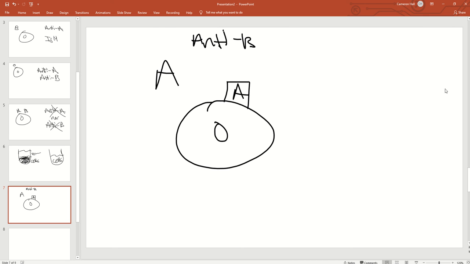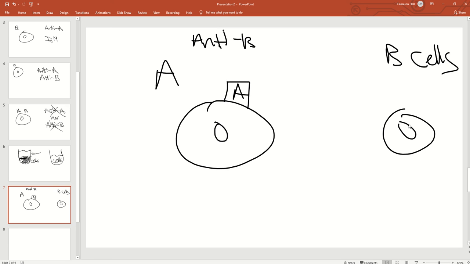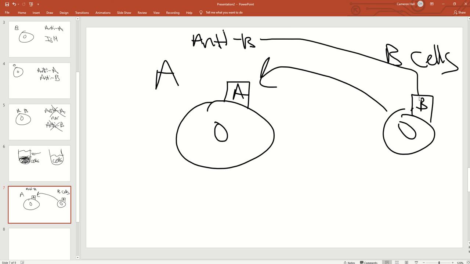So let's say I give you B cells. If I transfuse B cells into you, and they've got the B antigen, the anti-B in your serum is going to attack this antigen, and it's going to basically cause these B cells to lyse, which means break apart and burst.